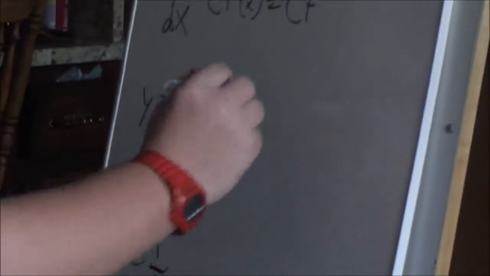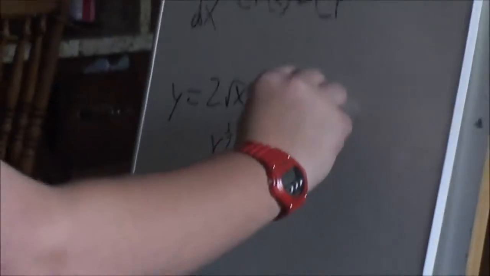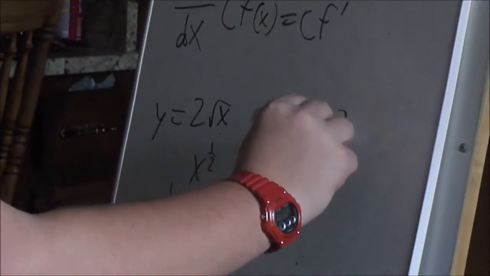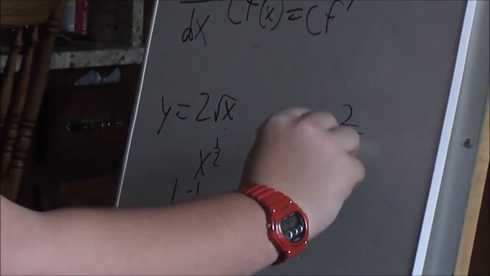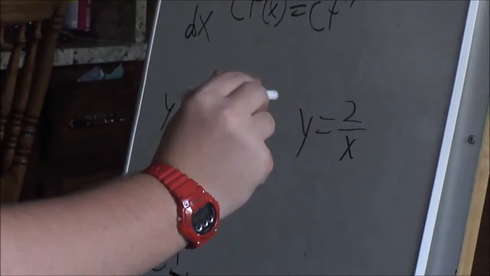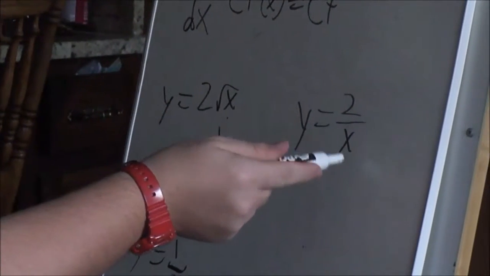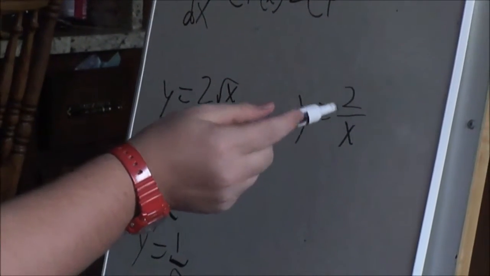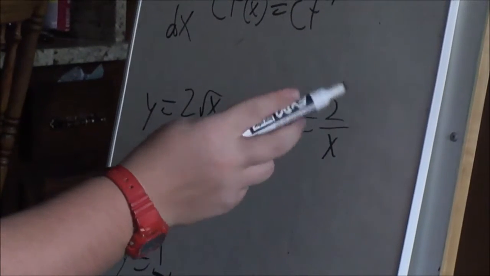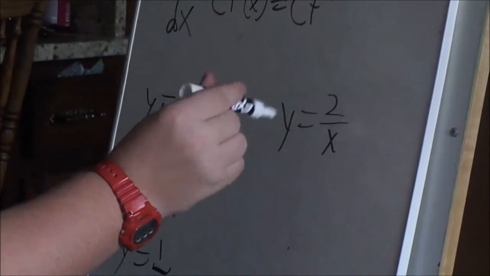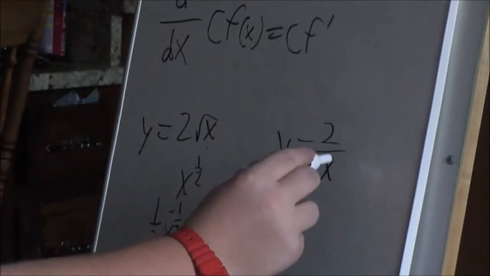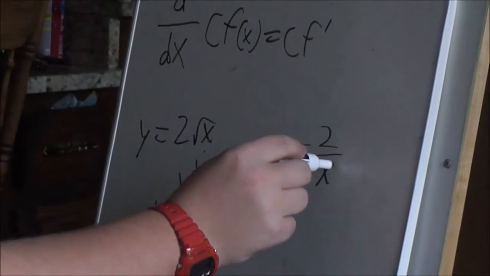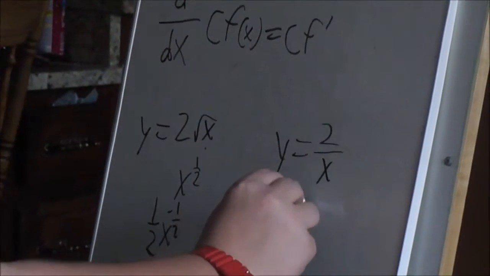So now let's do another one, which will be 2 over x. So then you must find the derivative of the x. Once again, the 2 is constant, so you don't need to worry about that until the end. So once again, you have to change the x into an exponent.